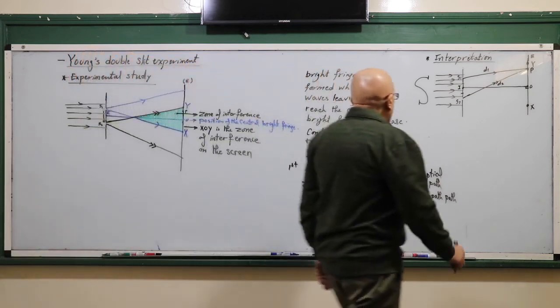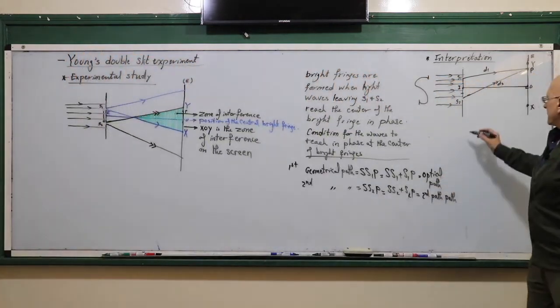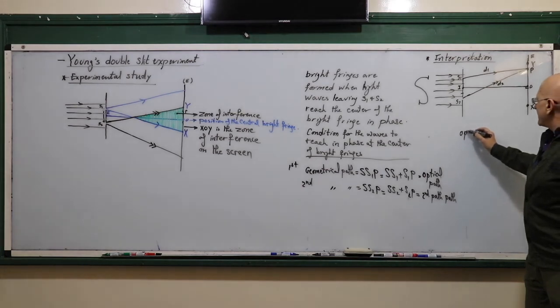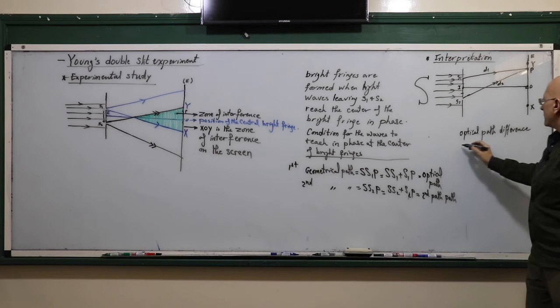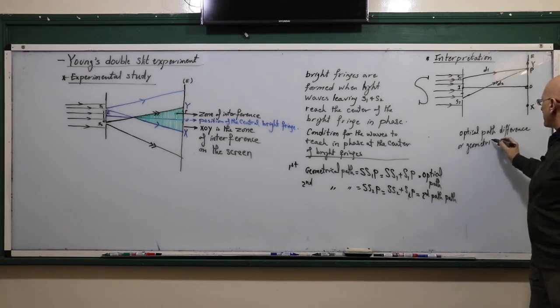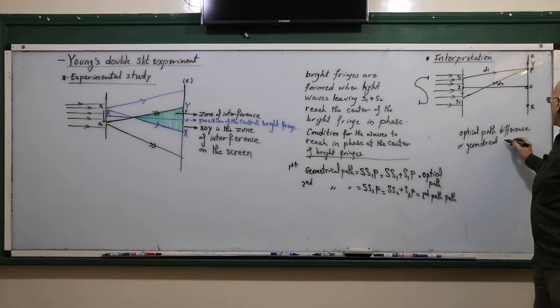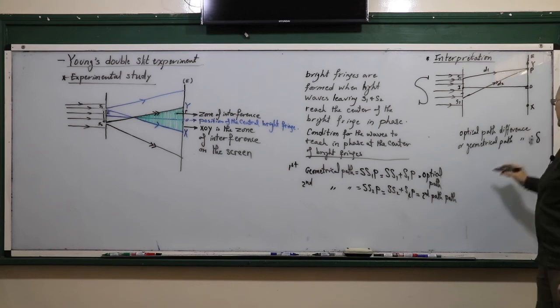So, the optical path difference, I'm going to represent it here, or geometrical path difference in this case, because they are the same. Okay? What is it? I'm going to call it delta.